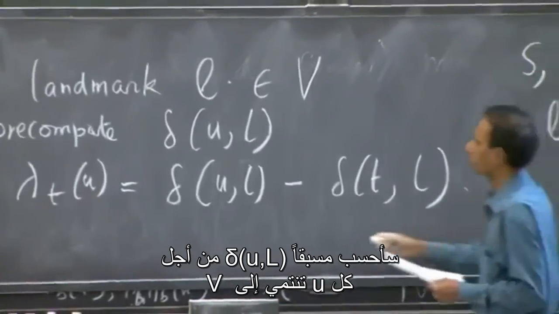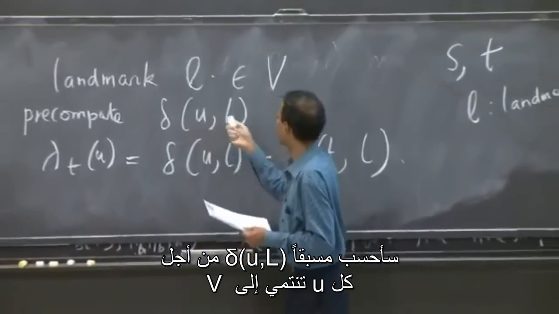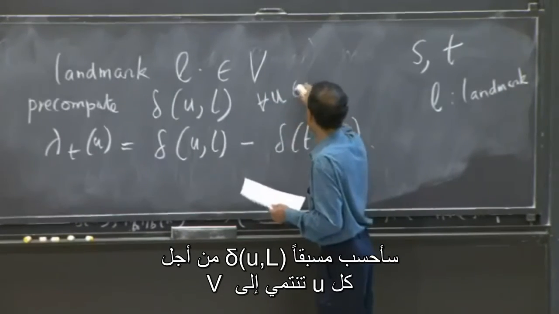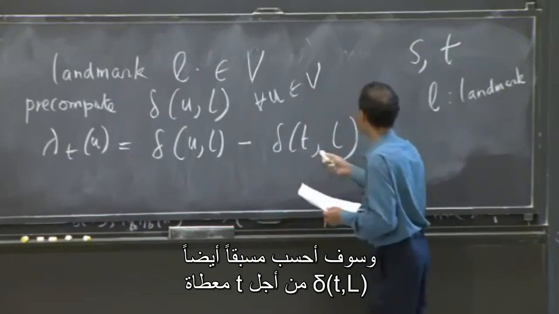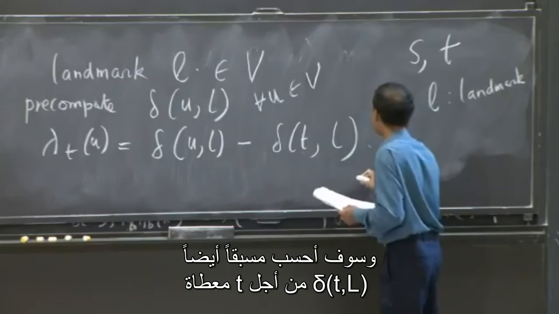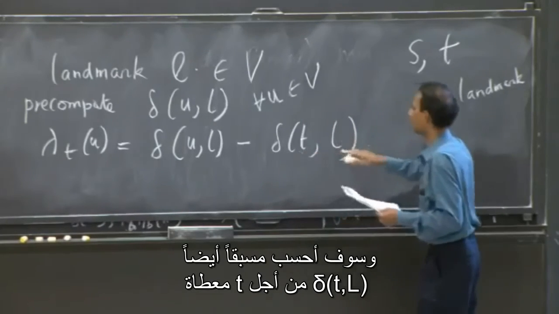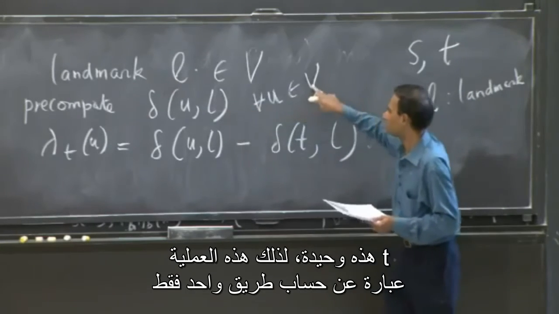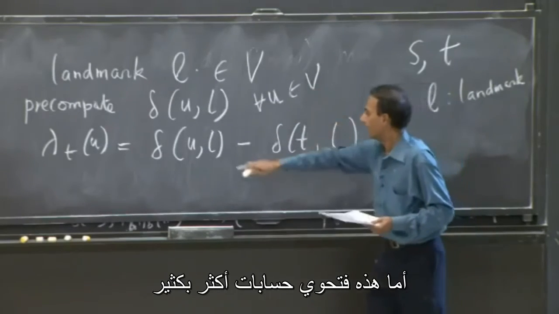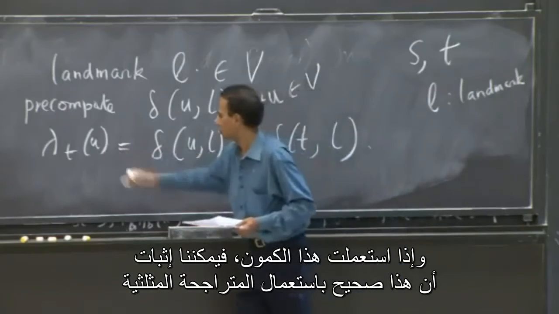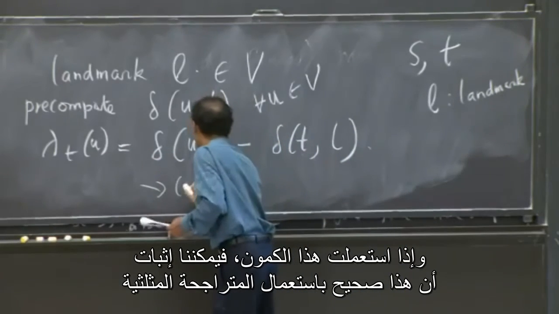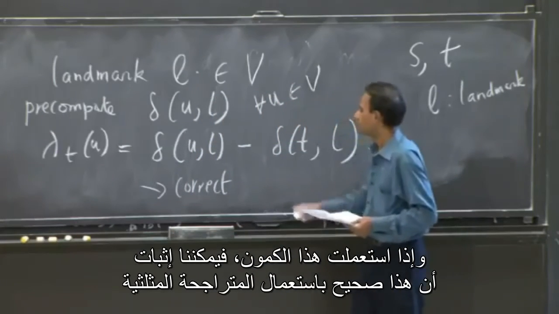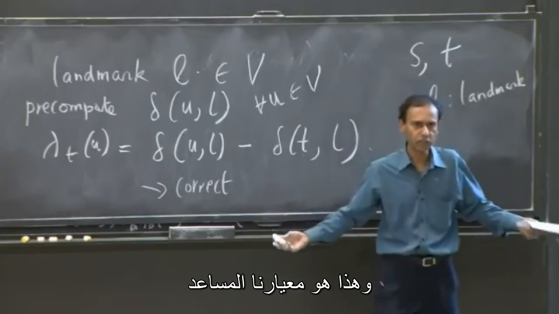I'm going to pre-compute delta(u, L) for all u belonging to V, and I'm also going to pre-compute for a given T a delta(t, L). So that's just a single T, so that's just one computation. This one is much more computation. And if I use this potential, you can show that it's correct using the triangle inequality. And this is now a heuristic.